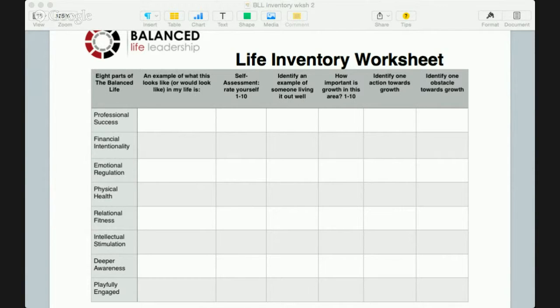Once you see these categories, you go to the second column to the right, and it says an example of what that looks like for you. An example in your life of what that might look like is that you are professionally successful.